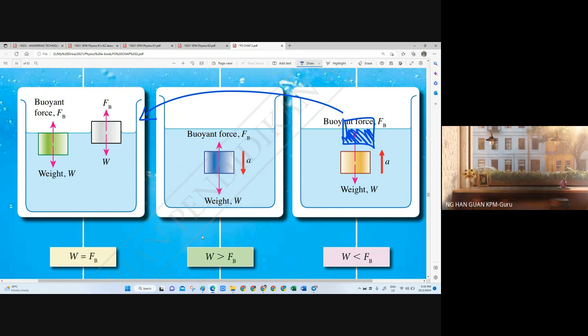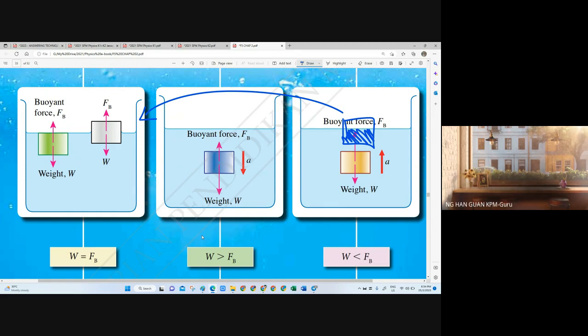That's why when a man is immersed in seawater compared to fresh water, river water, he will easily float because you gain more buoyant force in the seawater due to the higher density of water. Right? These statements for me are a totally wrong concept.